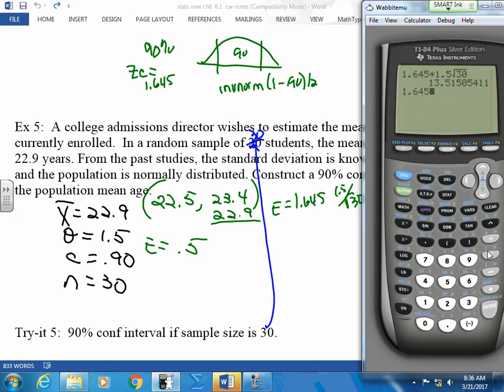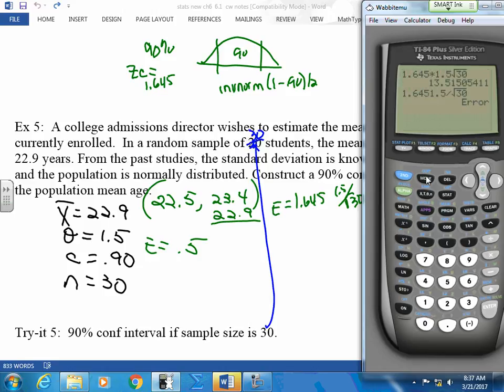I don't think I divided. My calculator is so temperamental. Alright, so I think you know what I'm doing here. Except my calculator doesn't want to cooperate. There it goes. Alright, so when I do this, I get 0.5.